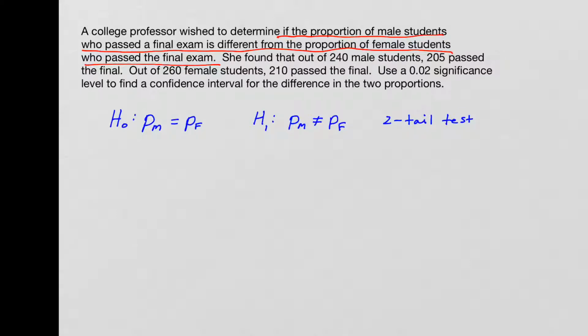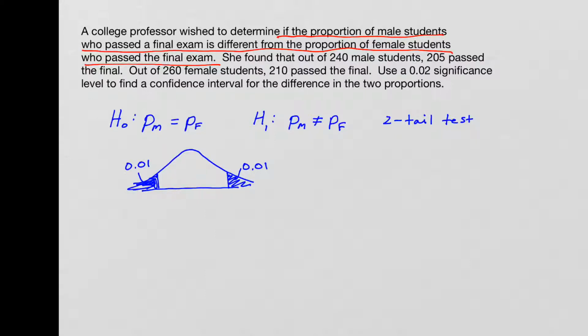All right, so since this is a two-tail test, look at our distribution. We've got alpha is 0.02 again, that's my significance level. But since this is a two-tail test, alpha is split between the two tails. So I have 0.01 in the right-hand tail and 0.01 in the left-hand tail.